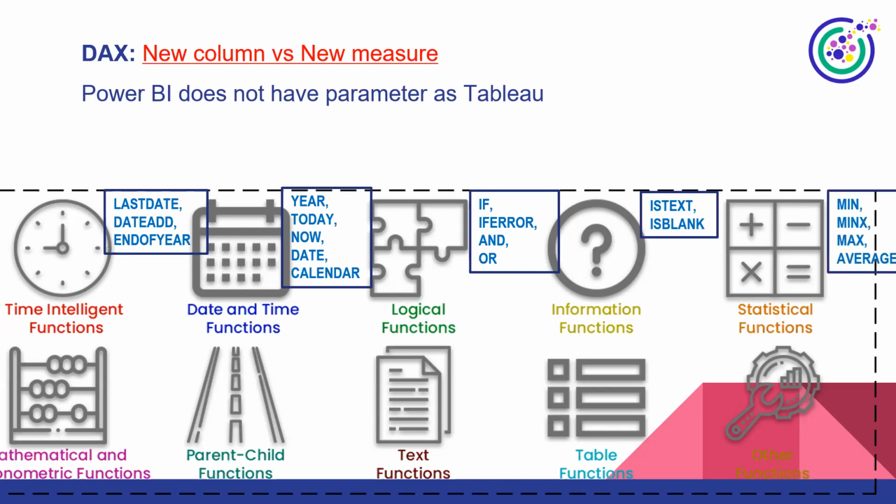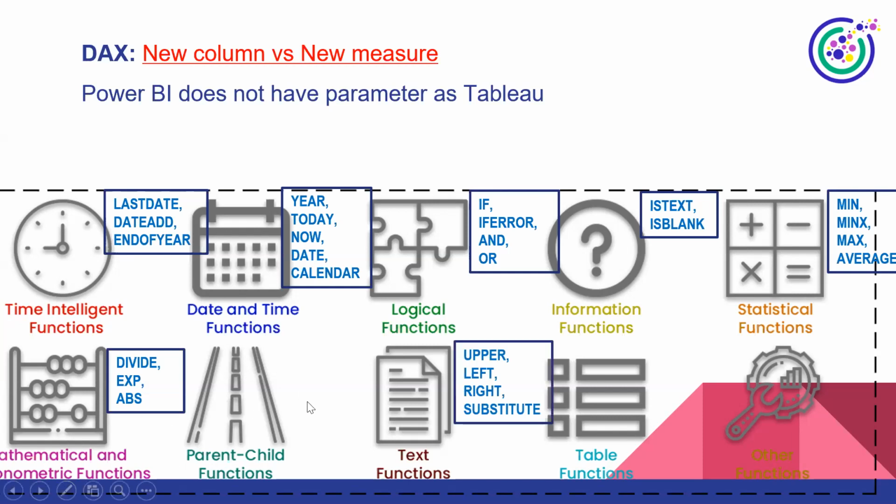We have several statistical functions, for example min, max, average, median, etc. And mathematical functions like divide, exponential or absolute, etc. So it's the basic one. The parent-child functions I never use, so I will not mention them here because I did not understand them. For the text functions, we have the same functions as in Excel, like upper, left, right, or substitute.